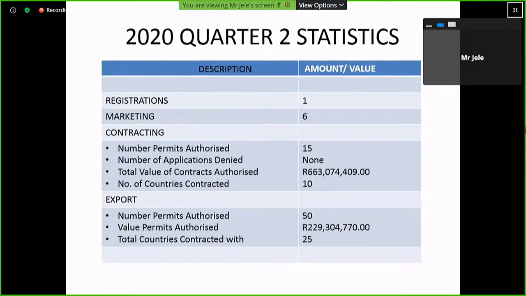I can categorically state, Chair and members of the committee, that it is not the NCACC. However, the Department of Defense, in conjunction with industry, collaborated in developing that charter. Oh, I see.